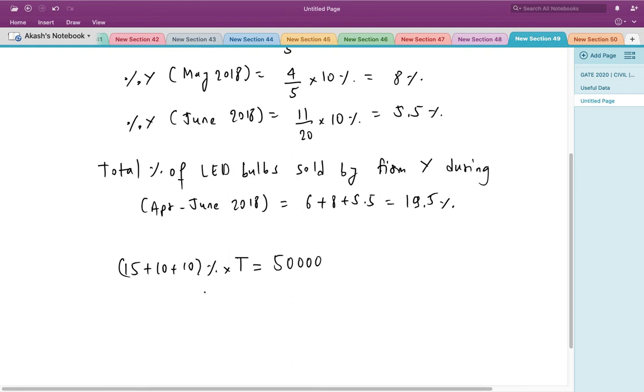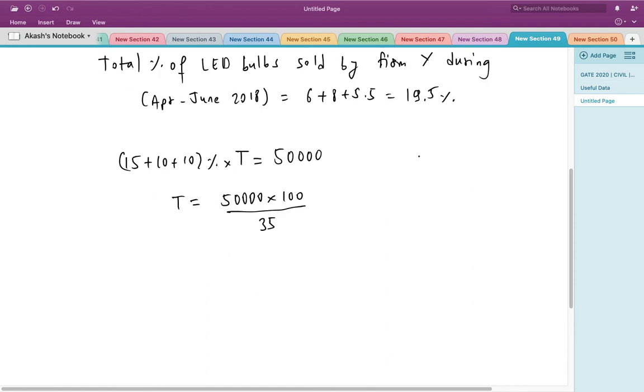That is the total number of bulbs sold between April to June 2018. Now the total number of LED bulbs sold altogether would turn out to be 50,000 times 100 divided by 35. This is the total number of LED bulbs sold by both the firms from January to June 2018.